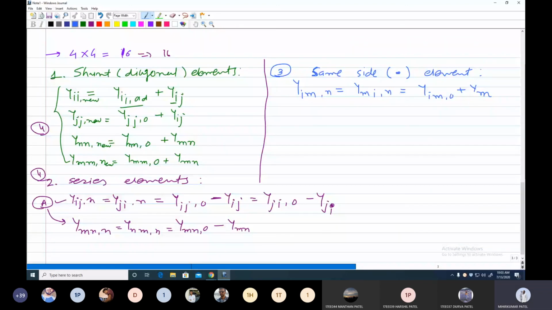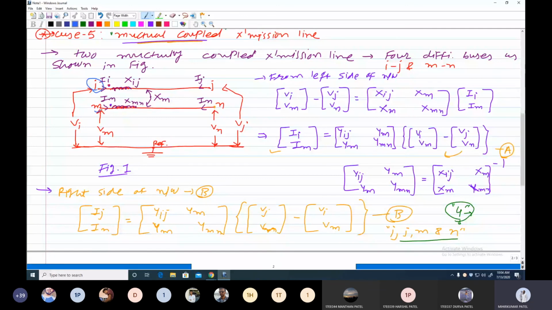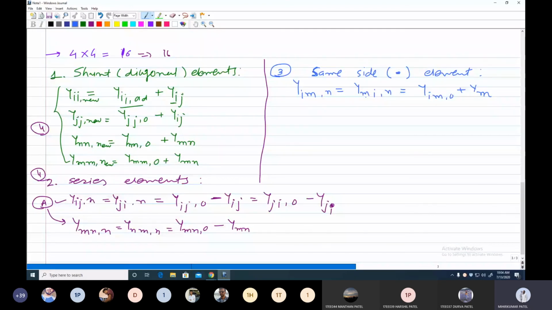So this is the change. We have already calculated the shunt and series element in our previous cases, but if the mutual coupling is offered by the transmission line, then for the same side element it is added to this transfer element. Means for bus number I and M, which is at the left side, MI or IM, it will be directly added this mutual admittance.